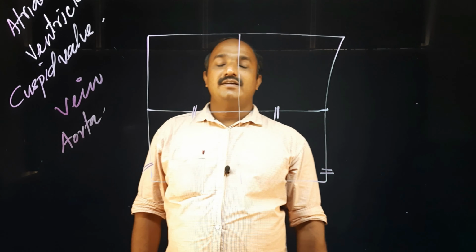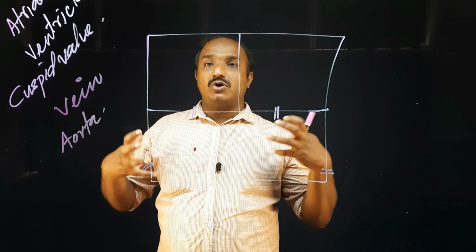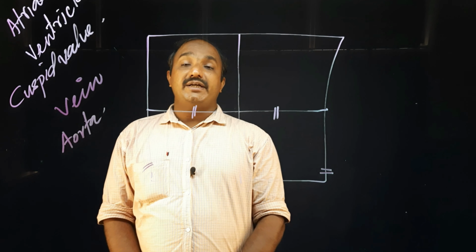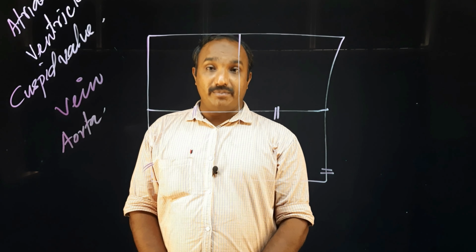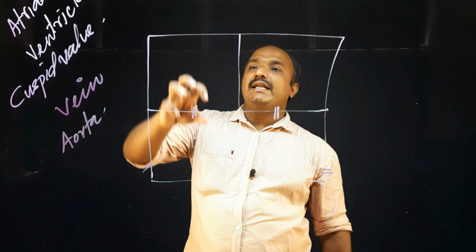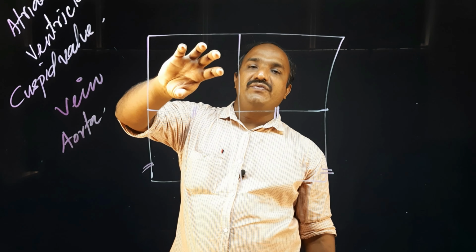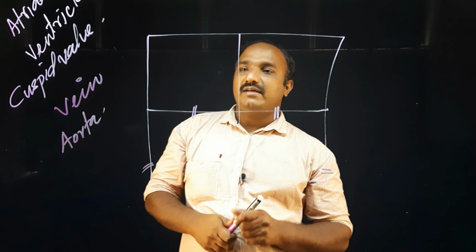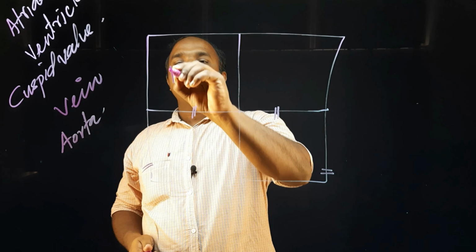Listen here. From all the parts of the body, or from all the cells, impure blood, meaning carbon dioxide containing blood, will be carried into the heart and it will reach the right atria. Right atria, that we can denote like this.